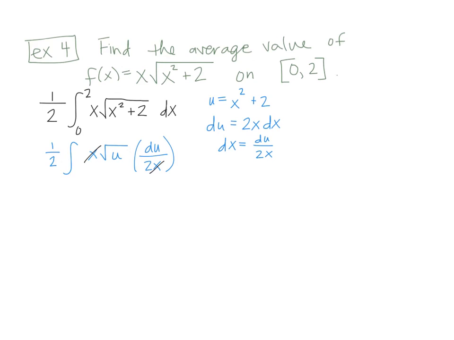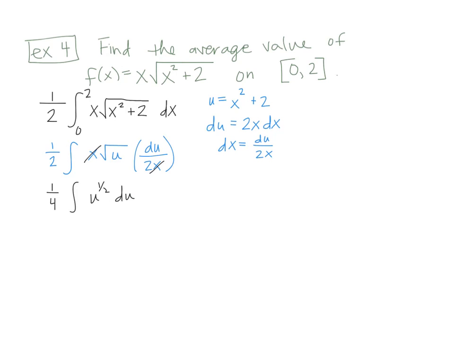And then we're left with 1/2. But then we actually have another half here, right? Dividing by 2 here. So I'm going to bring that out in front and multiply it by the original half. So we'll have a 1/4 out front, just keeping constants out front. And then I have u to the 1/2 du, since the square root is a 1/2 power.